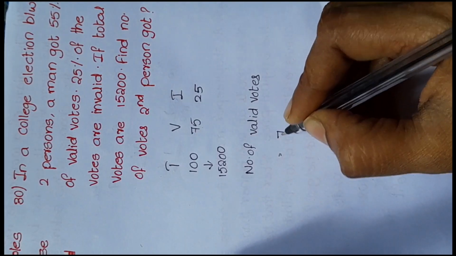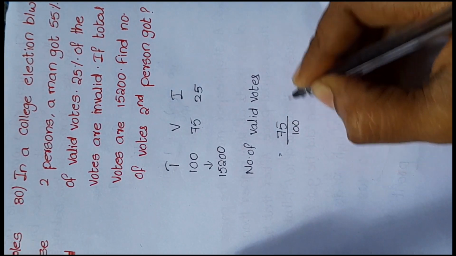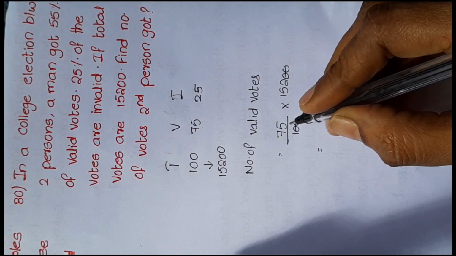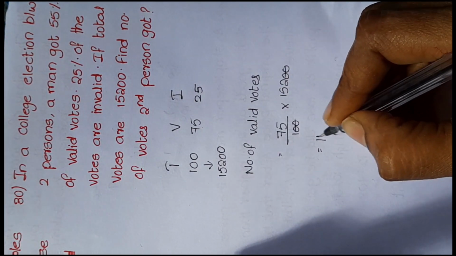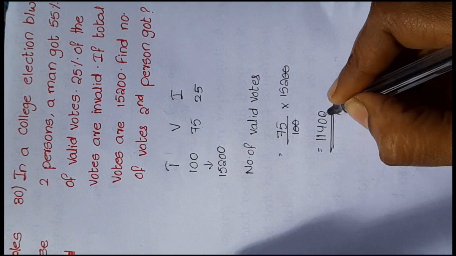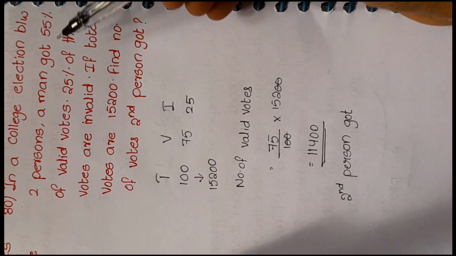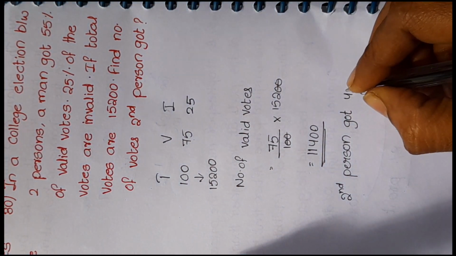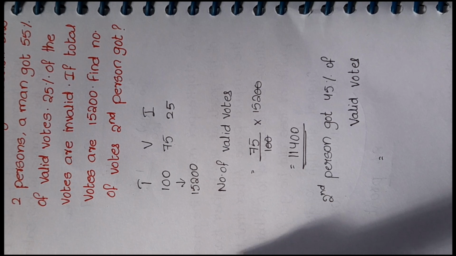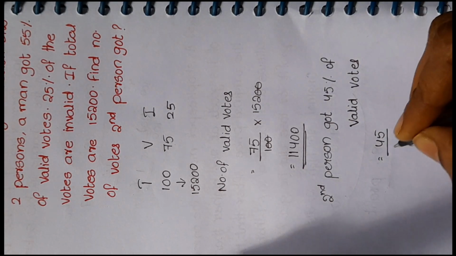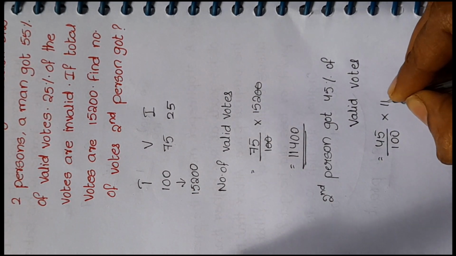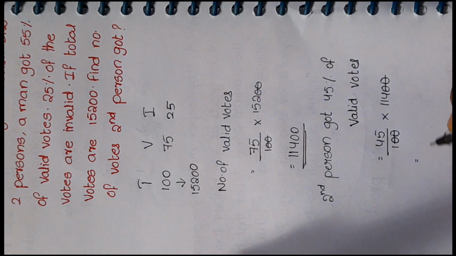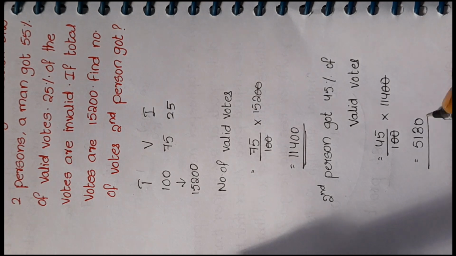Now the number of valid votes is 75 by 100 into 15,200. On multiplication of 152 with 75, we get 11,400 votes. If first person gets 55% of the valid votes, then second person got 45% of the valid votes. We can write this as 45 by 100 into number of valid votes, which is 11,400. 45 into 114 is 5,130 votes got by the second person.